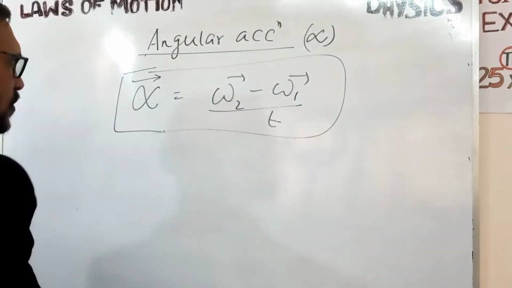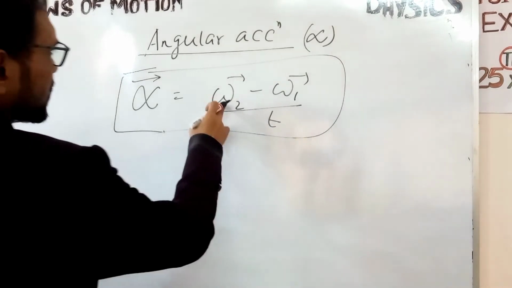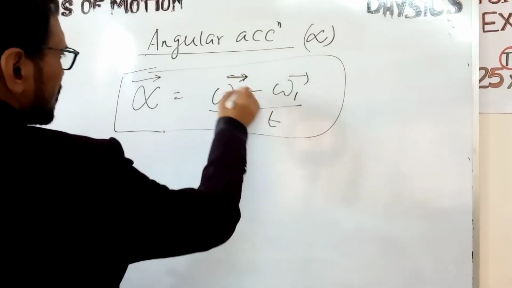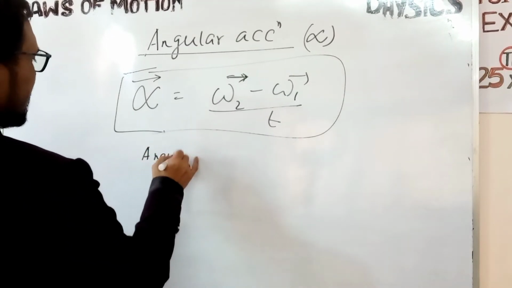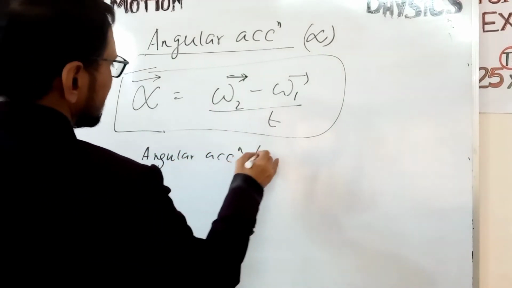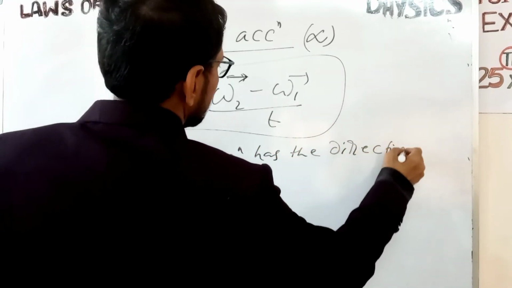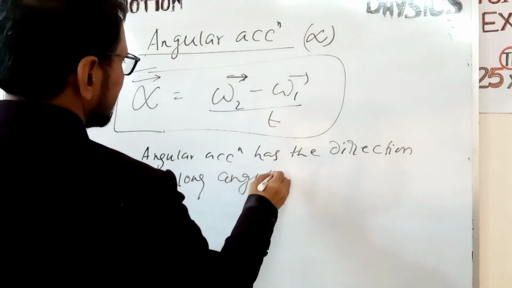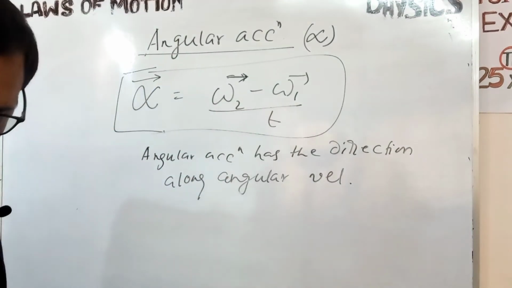Time has no direction, so for omega 2 minus omega 1, the direction is along the angular velocity. So angular acceleration has the direction along angular velocity.